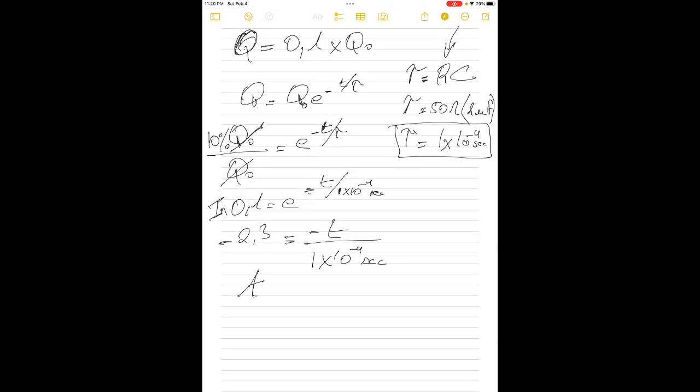So the time is equal to 2.3 multiplied by 10 to the minus 4 second. This is the time that the charge will decrease by 10% from its initial value.